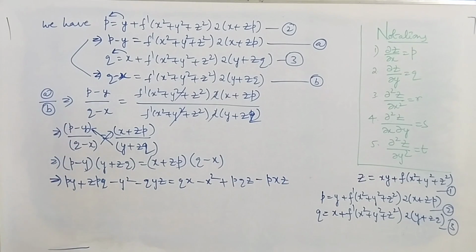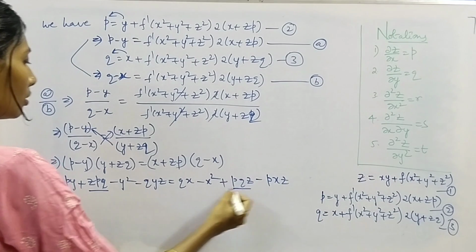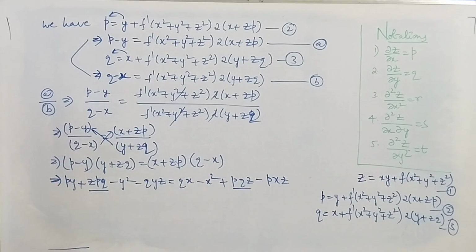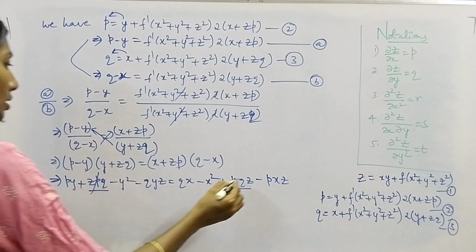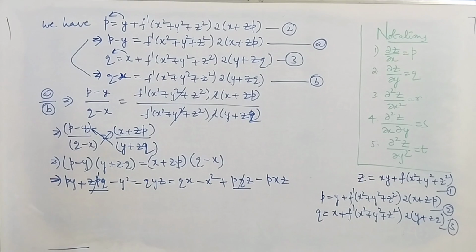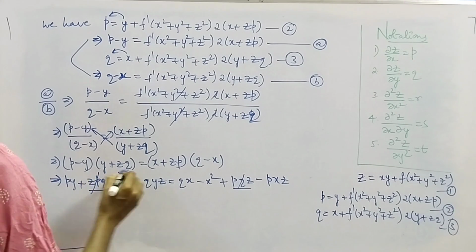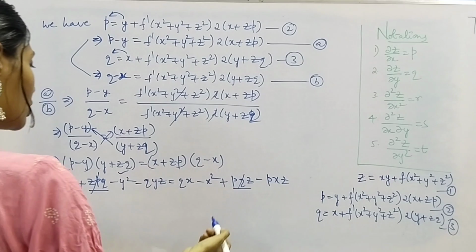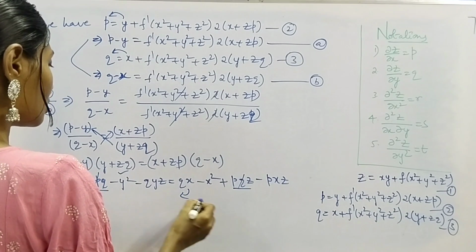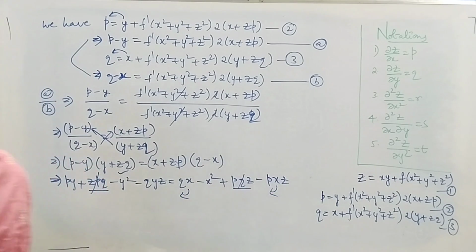Fine. Now you see you have pqz in LHS and in the RHS. Let's cancel it out. And fine. Now let's take this y square to RHS and bring these two terms to LHS.